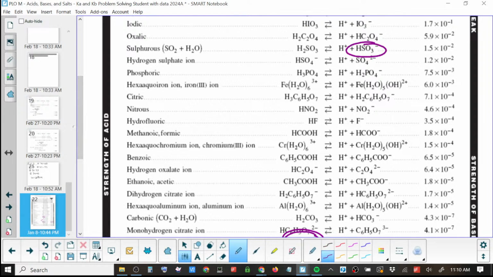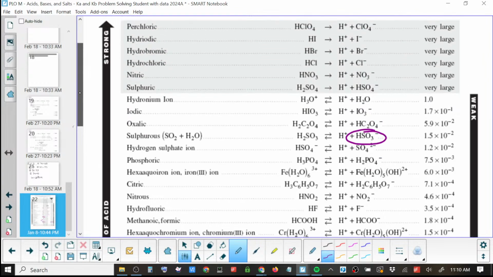So here we have it in two places. Now that number over there, what kind of number is that? That's the Ka. This is not a Kb table. You can calculate the Kb from the Ka.